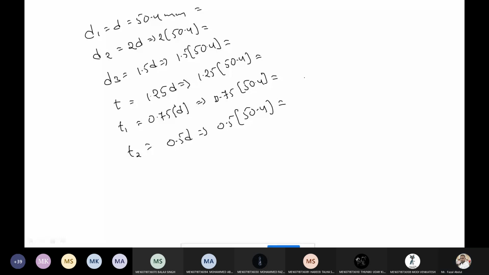D2 is 100.92. D3 is 75.6. The t value is 63. The t1 value is 37.8.